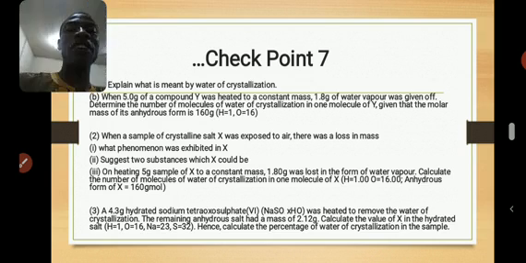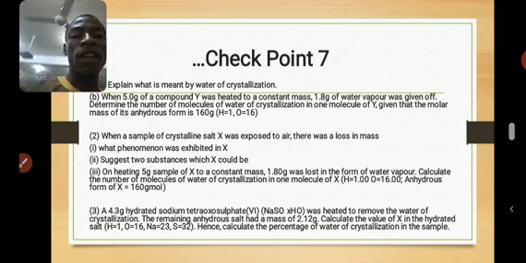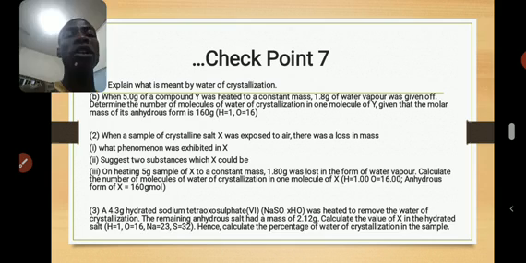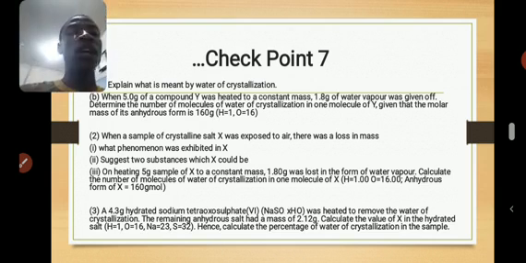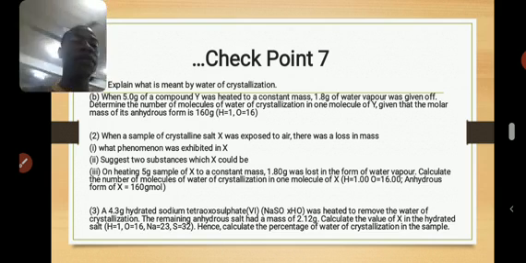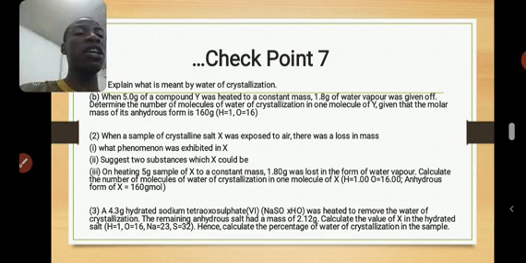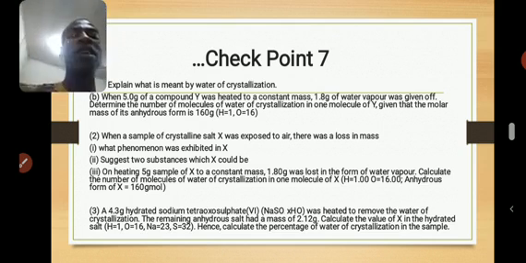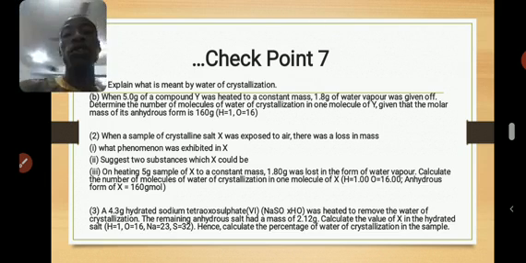The only difference was that one was X, one was Y. Calculate the number of molecules of water of crystallization in 1 molecule of Y. You are given H, O to be 16, and the anhydrous form of X to be 160 gram. So let us see how you do that.